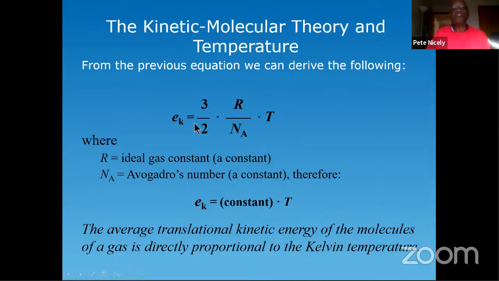Now, of all the terms on this side, T is the only variable. So therefore, what this is suggesting is that there's a linear relationship between the kinetic energy and the temperature of the gas. So we can simplify this equation to kinetic energy is equal to a constant, which is basically this collection of constants here, multiplied by the temperature, all right?